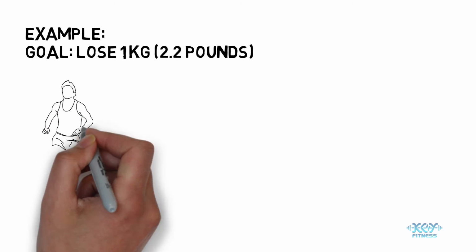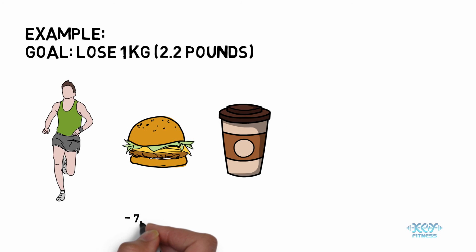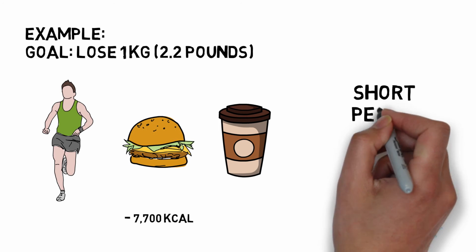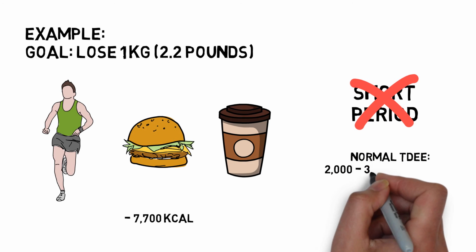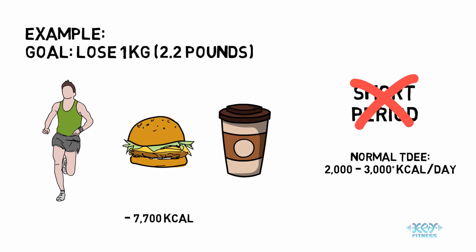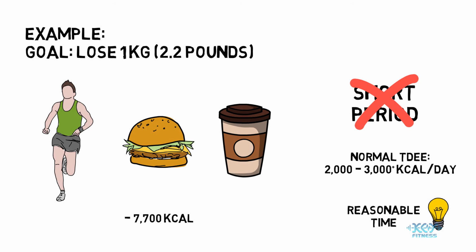So, you have to burn an extra 7,700 kilocalories or reduce 7,700 kilocalories from your meals. It is impossible to achieve within a short period because the normal TDEE is around 2,000 to 3,000 plus kilocalories per day. Therefore, setting a reasonable time is important.